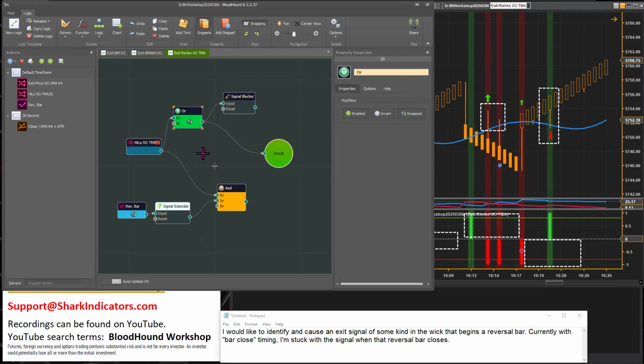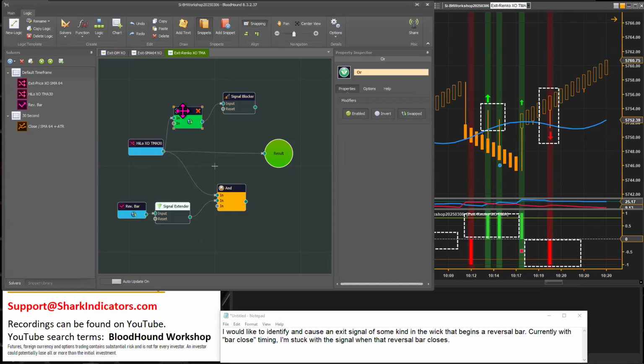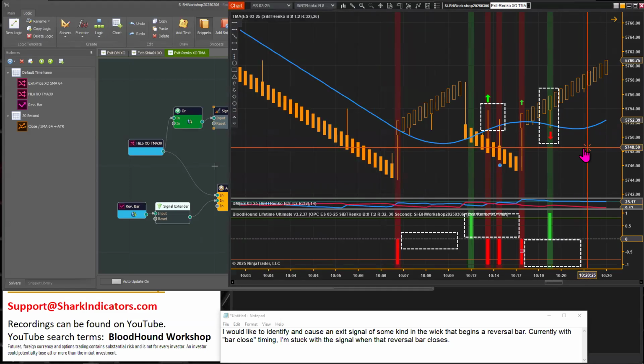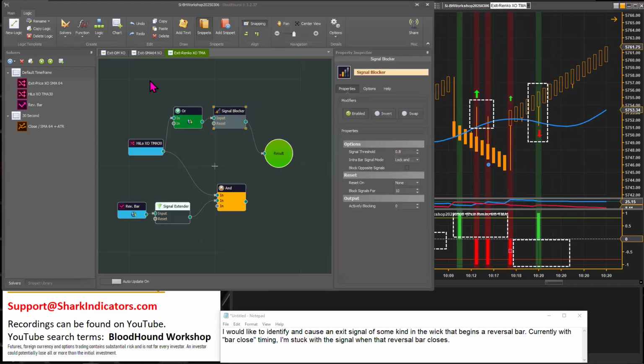We need this short signal. That's our exit, but it's been reversed and it goes into the signal blocker reversed. So what comes out of the signal blocker is that reverse there. So that doesn't work.